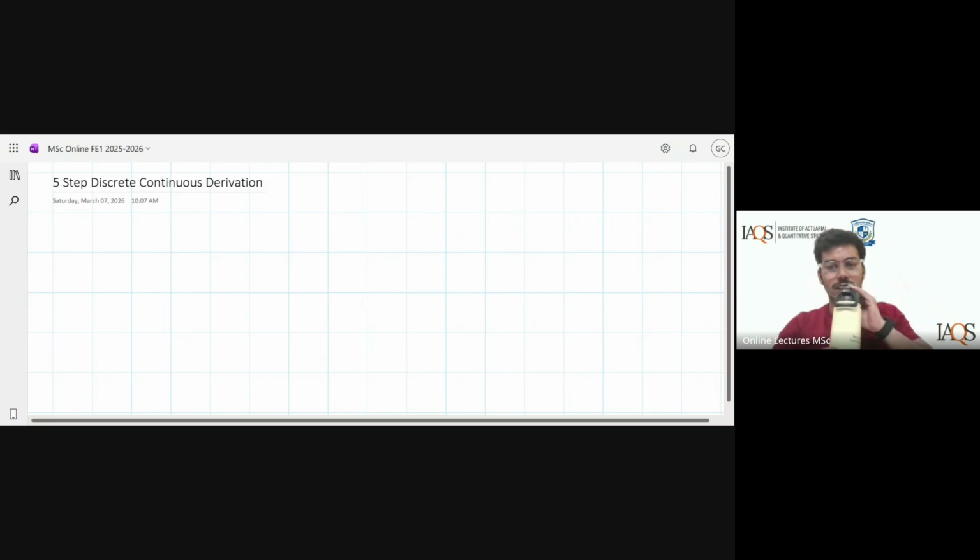Among these two, which is more scoring, FE or PTSA? It depends. If I talk purely in terms of ease of concepts and depth of variation, PTSA, because in PTSA I don't have a lot of variations.